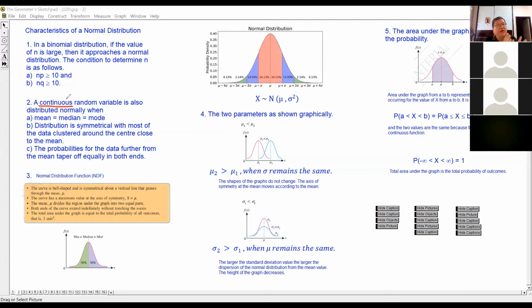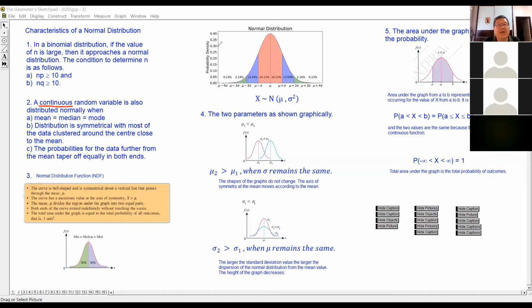The number can be any number in between two whole numbers. In a binomial distribution, it's either x equal to 1 or x equal to 2. It cannot be x equal to 1.5 or 2.5. In a normal distribution, it can be anything between 1 and 2. It can be 1.5, 1.25, 1 and 3 over 5. It can be anything in between.